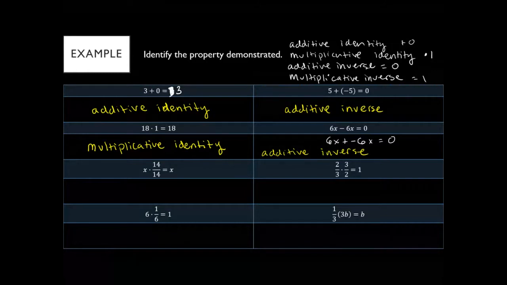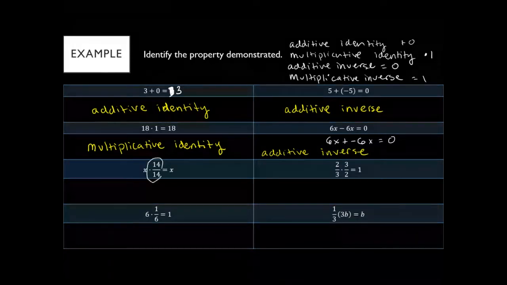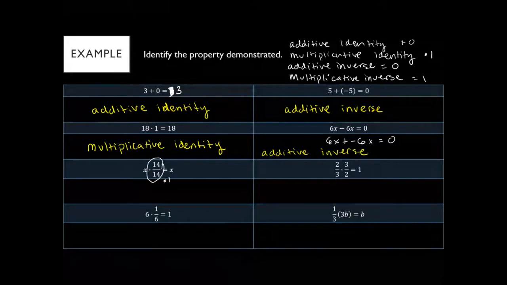Okay, so we've got someone who says multiplicative identity. That is correct. So the multiplicative identity is times 1, and 14 over 14 is 1, because that cancels out. This is just another way of doing times 1.